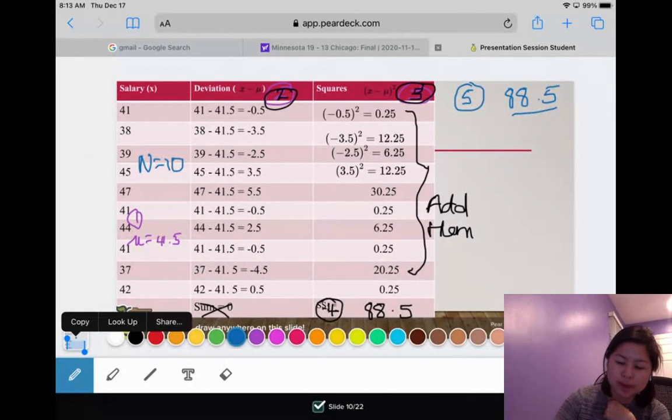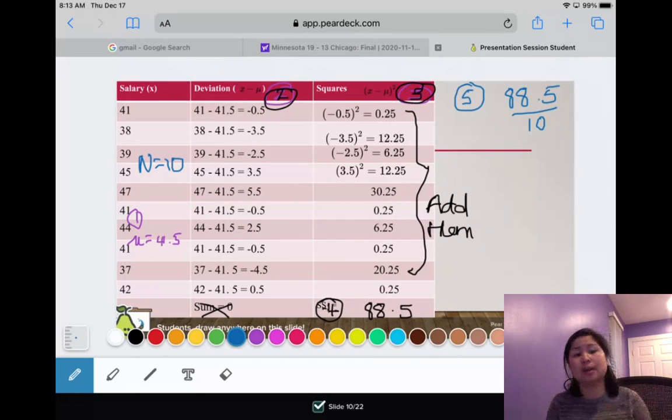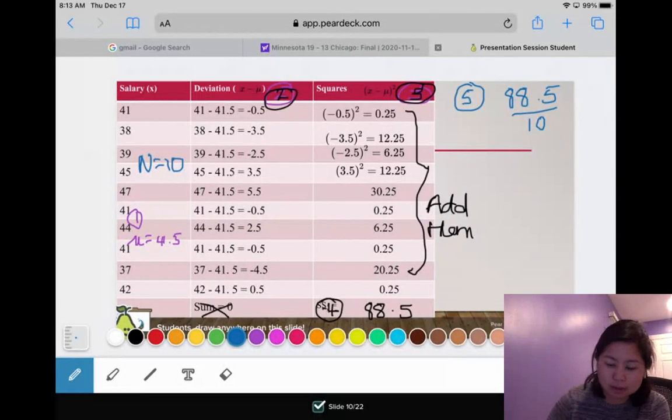So I'm taking this total and dividing by how many items I have, which is n, 10. So I divide by 10, which gives me about 8.9.